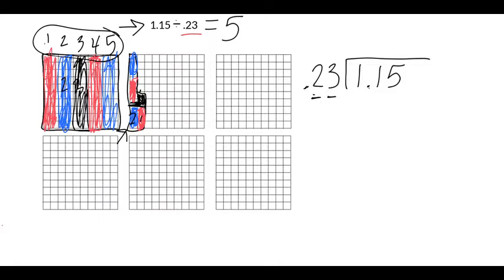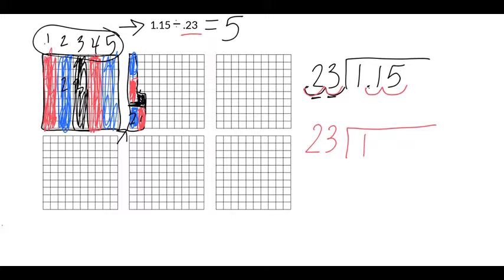So 23 hundredths, instead of leaving it 23 hundredths, I'm going to multiply by 100. Remember, every time I move that decimal point, that's like saying it's 10 times bigger or 10 times smaller. So if I do that in my divisor, now I have 23 instead of 23 hundredths. I also have to do it to my dividend, times 100, because whatever you do to the divisor, you have to do to the dividend.